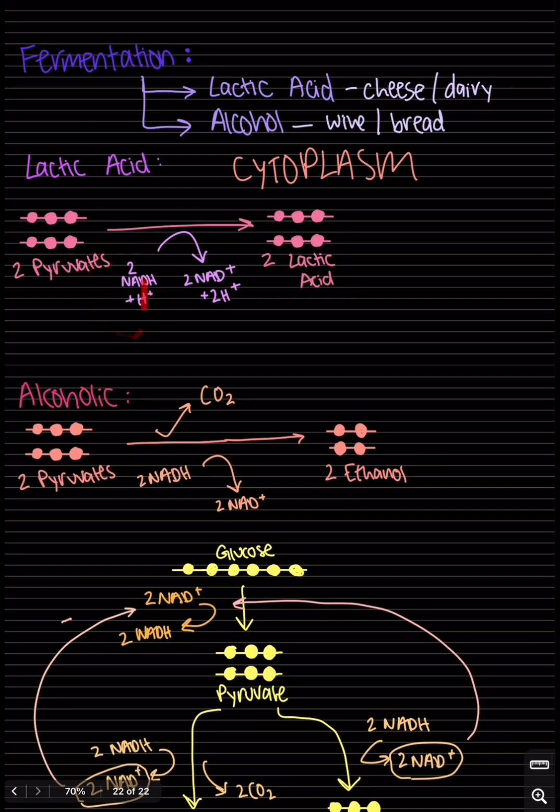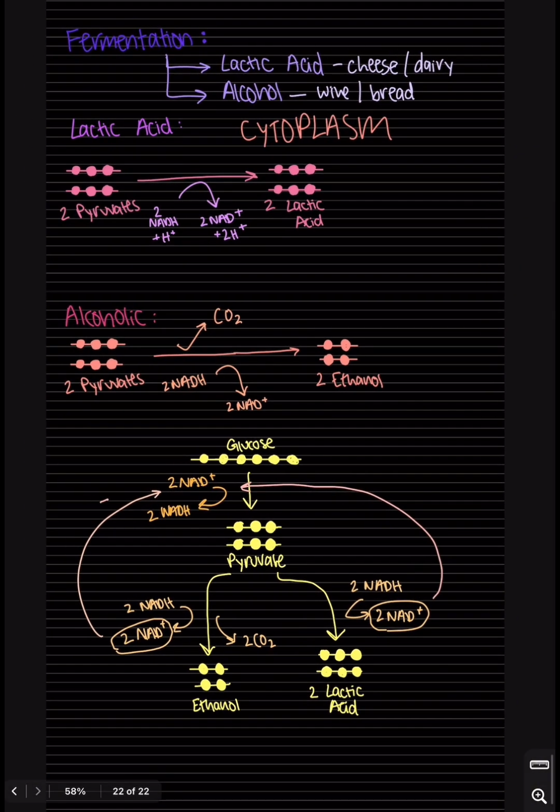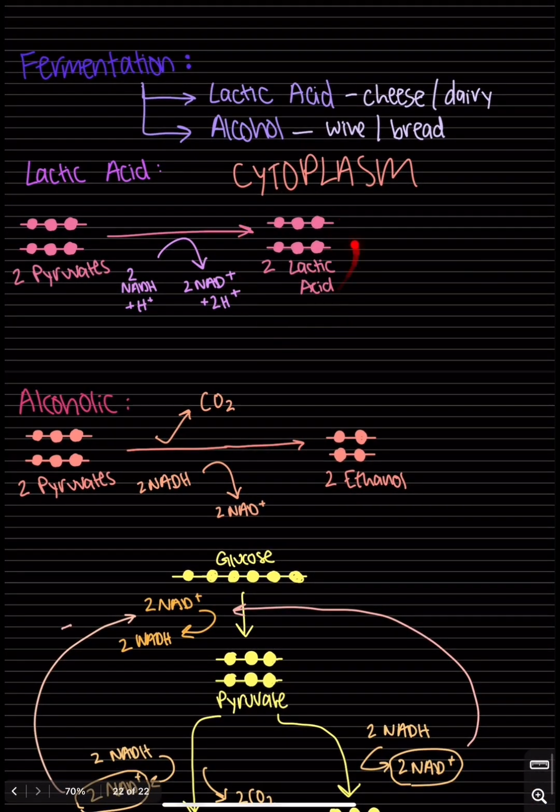It's sent to lactic acid fermentation, and it combines with a hydrogen ion, and it loses electrons, and it becomes NAD plus, right? And this NAD plus is then sent to the glycolysis step right here. Do we see how NAD plus goes from here, like here? And after these reactions happen, we are left with lactic acid.